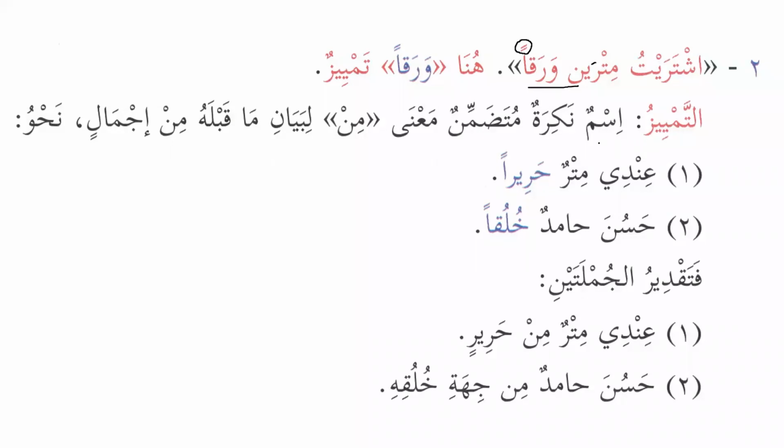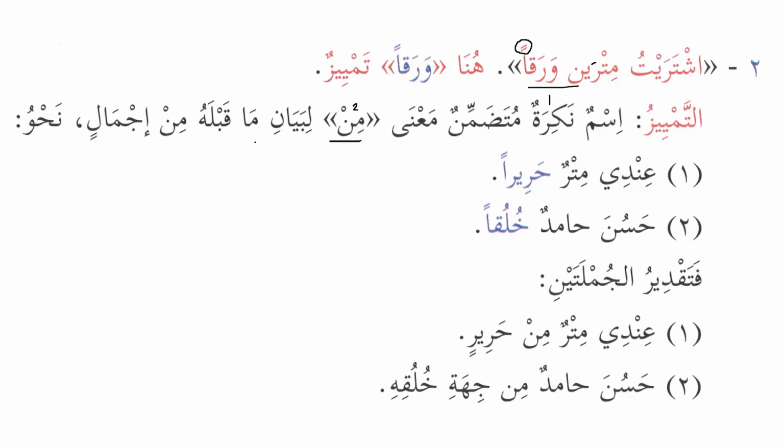Now let's see the definition of this in Arabic. At-tamyizu ismun nakiratun. So first of all, we can see that it is an indefinite noun, mutadamminun ma'na min, and it contains the meaning of min. So basically, it's an indefinite noun, that's number one. And number two, it contains the meaning of min.